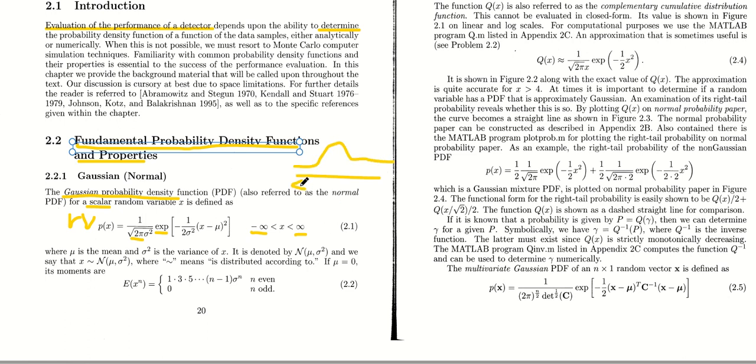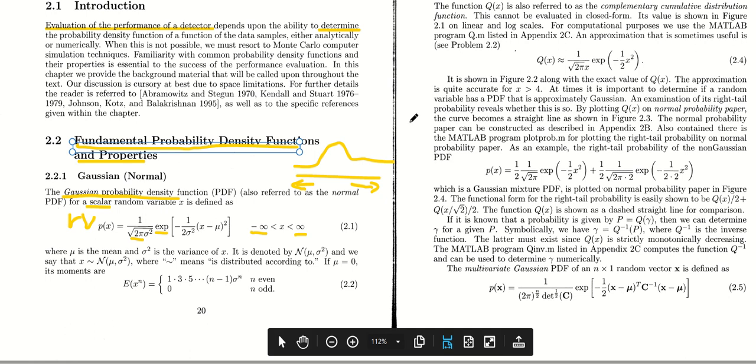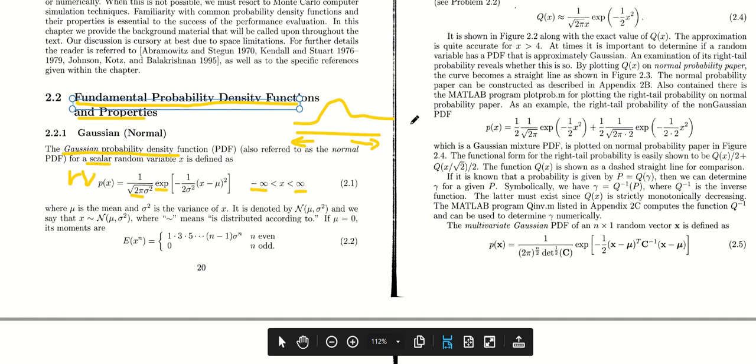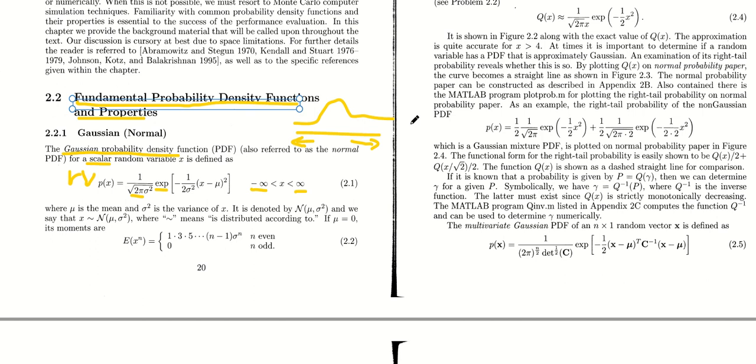So it's this way and also this way, infinite in two directions. This is the property of Gaussian. Of course, there will be some random variables that are limited in their domain, and those will be discussed later in the chapter.